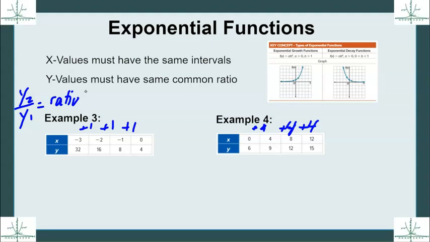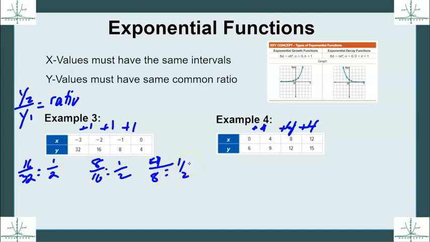So here in example 3, if I take 16 and divide it by the previous one, which is 32, this will give us 1 over 2. And then if I have 8 over the previous one of 16, that gives you 1 over 2. And then if I get 4 divided by the previous y value of 8, that gives me 1 over 2.